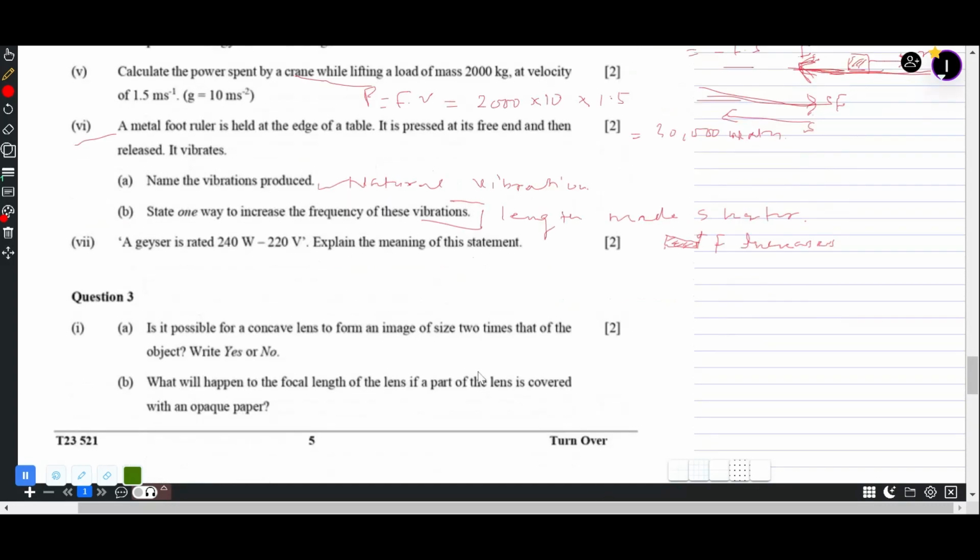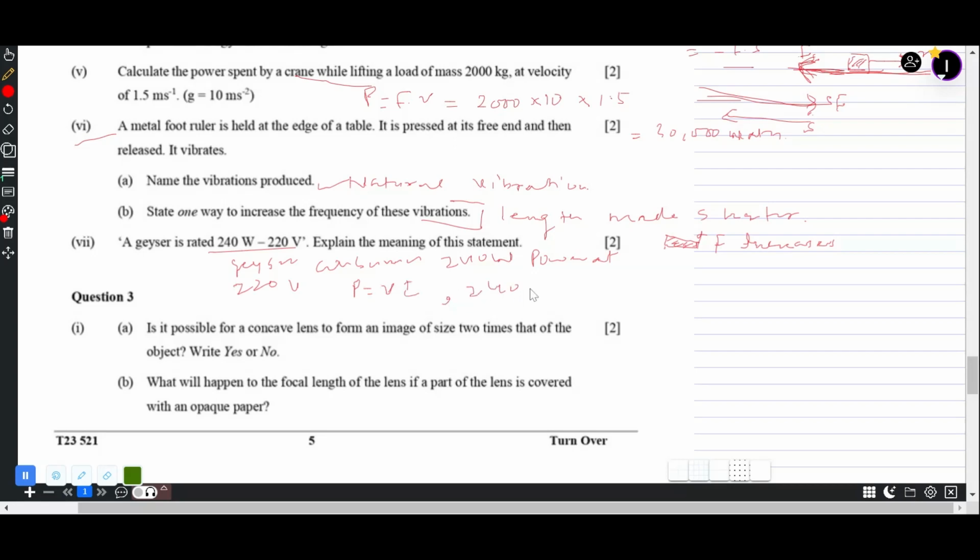Next, a geyser is rated this. Explain the meaning of this statement. What does this statement mean? If a geyser is rated 240 watt at 220 volts, that means the geyser consumes 240 watt power at 220 volts, and you know power is equal to VI.